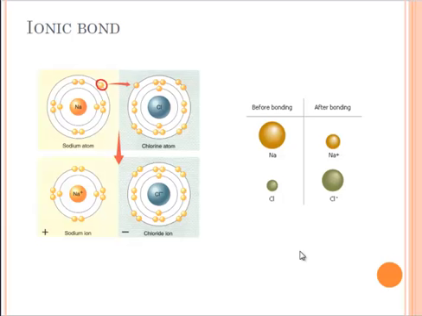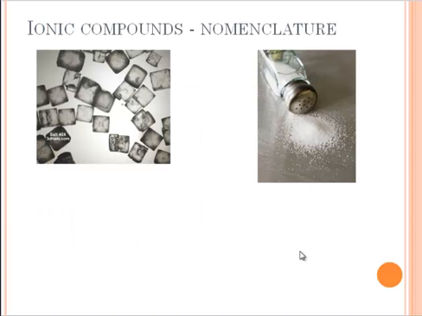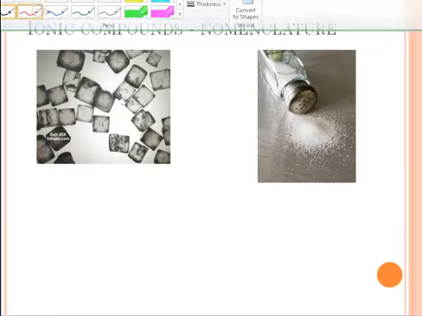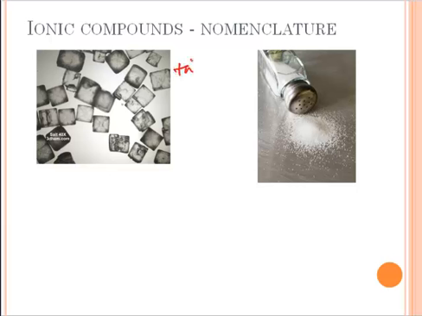But when they form ions, let's do a little mental exercise. If you have a big chunk of, in this case, table salt, the big crystals do not move against each other, as you can observe.